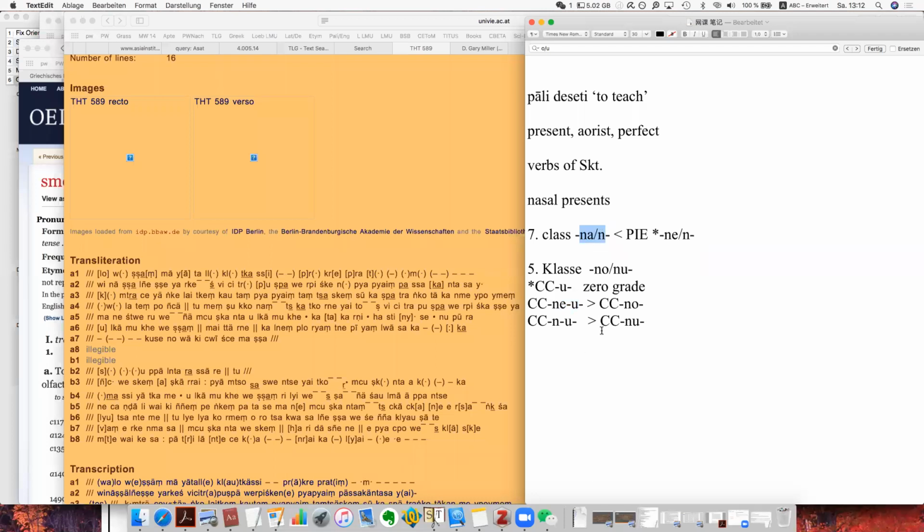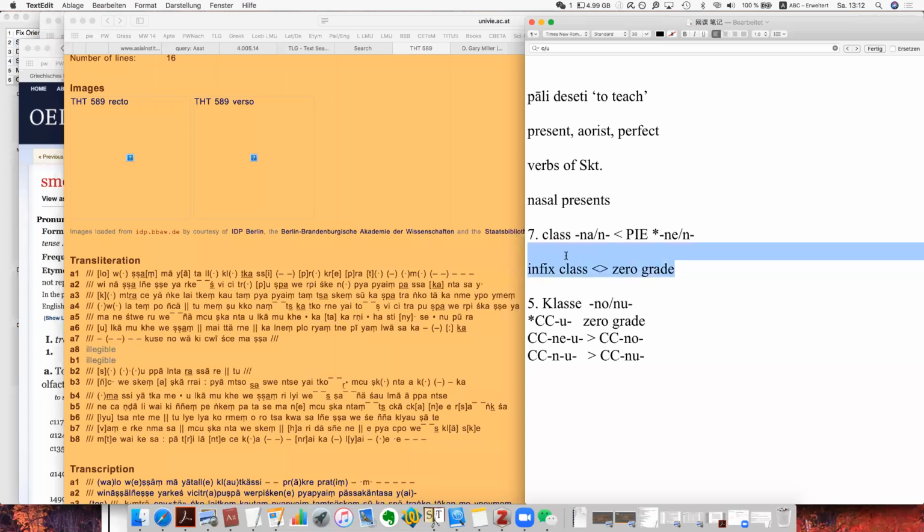If you need an infix, then you need a zero grade. You should keep this relationship in mind: if you use an infix class, you usually use a zero grade.